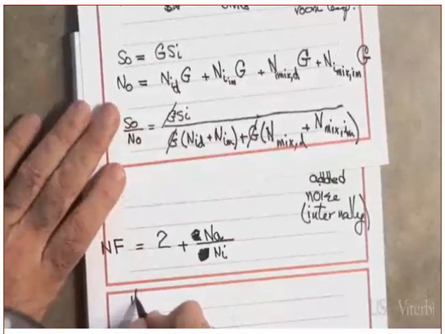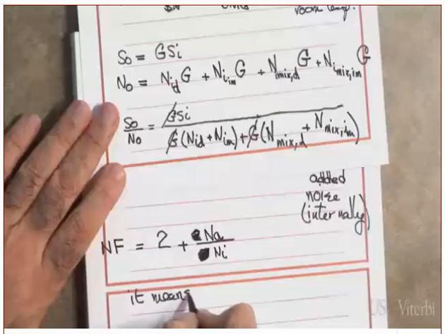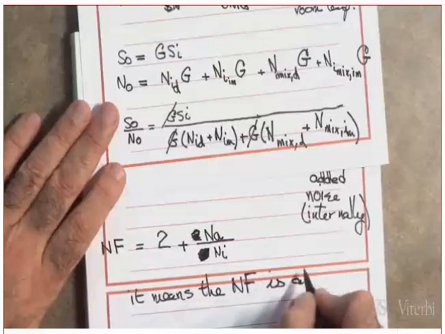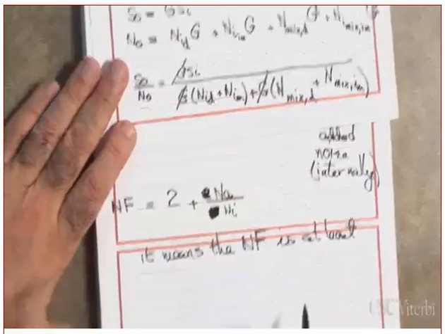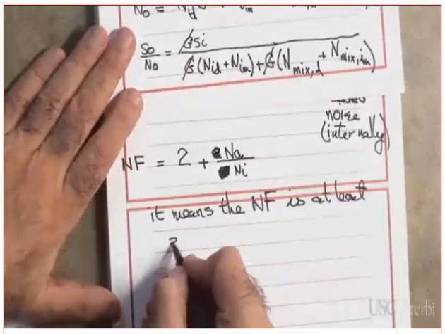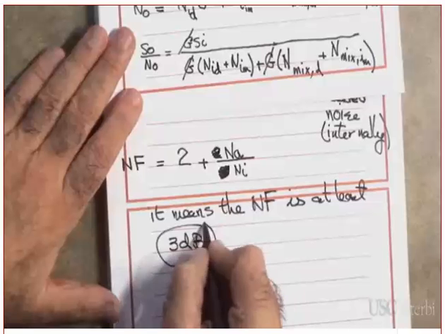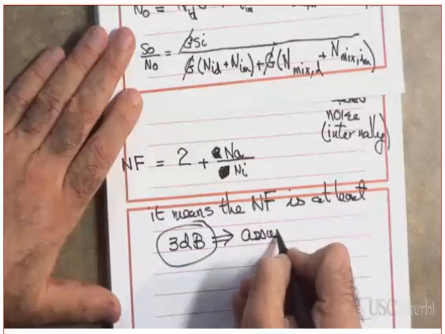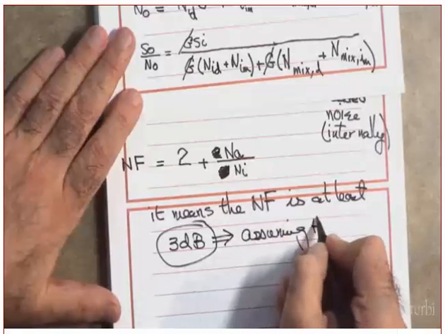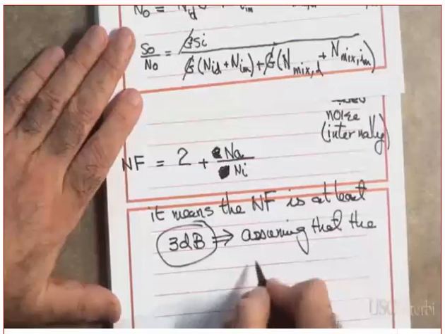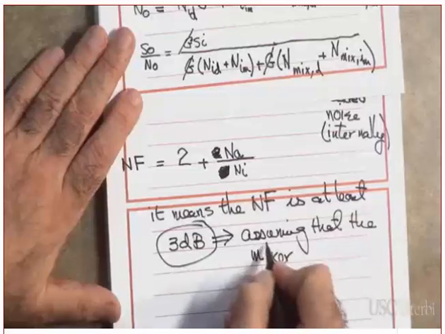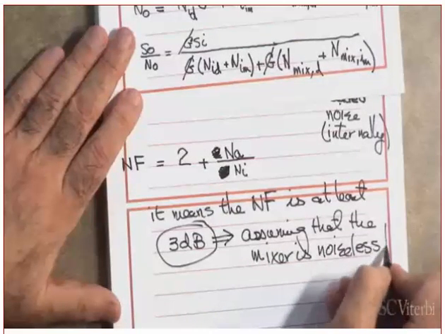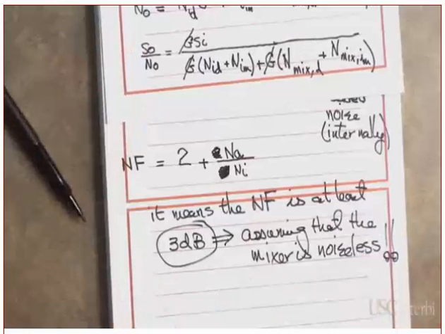It means the NF is at least 3 dB. This is assuming that the mixer is noiseless.